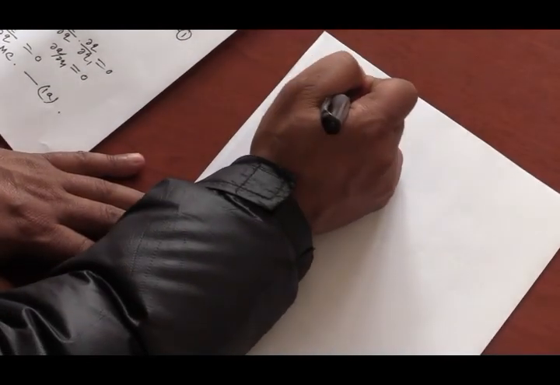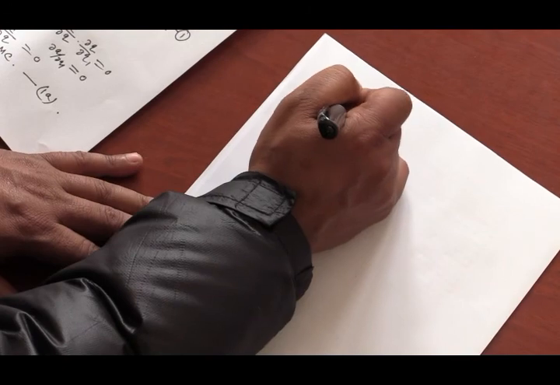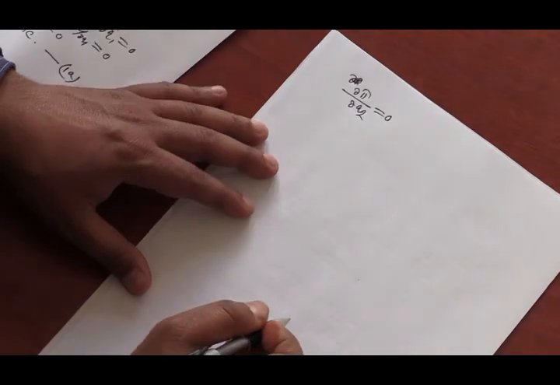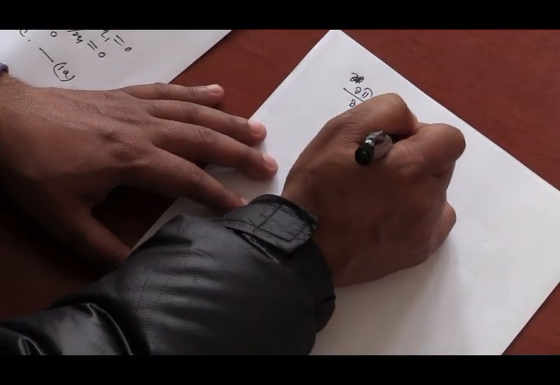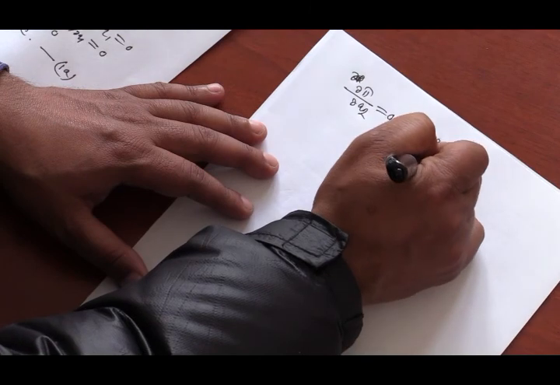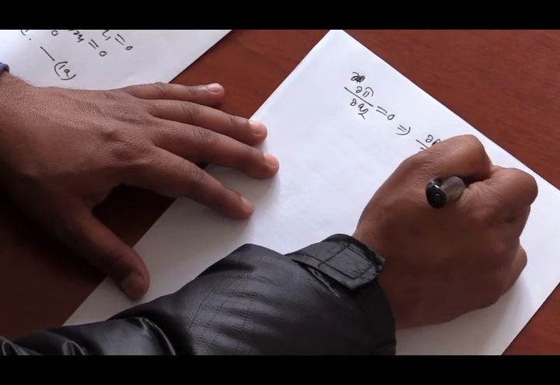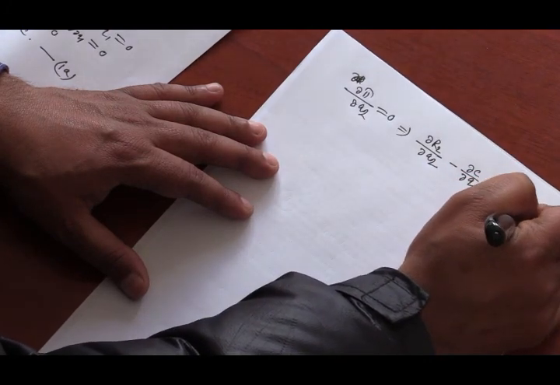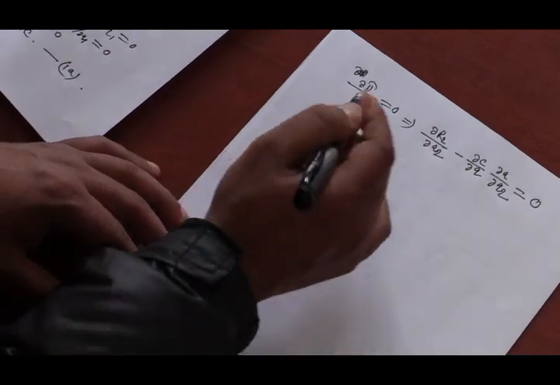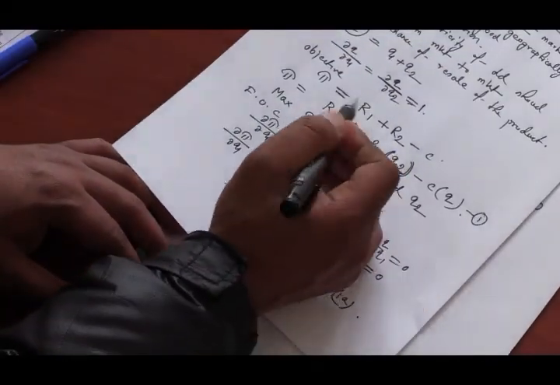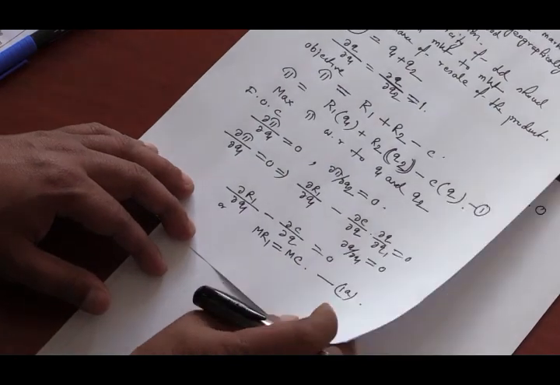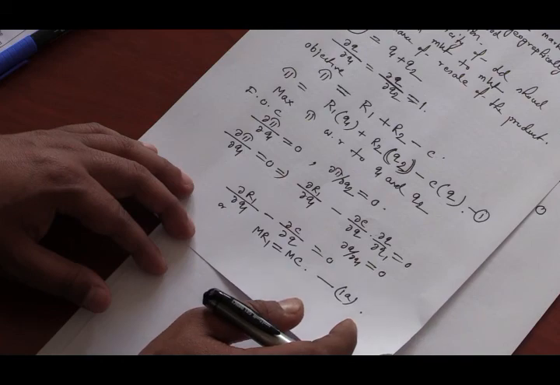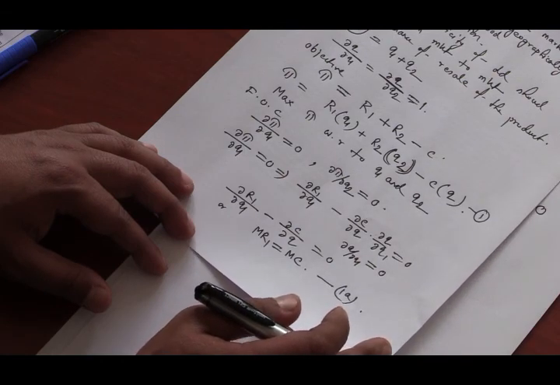Now in the second market, del pi by del Q2 will also be equal to 0. That indicates del R2 by del Q2 minus del C by del Q into del Q by del Q2 equals 0. Whenever we differentiate the revenue in market 1 with respect to output sold in market 2, it will be 0 because the quantity sold in market 1 has no impact on the revenue in market 2 and vice versa.